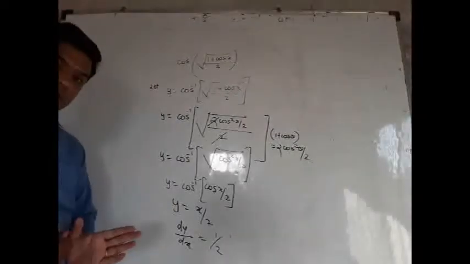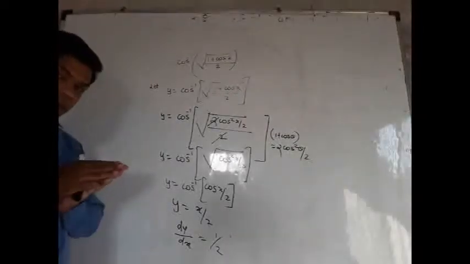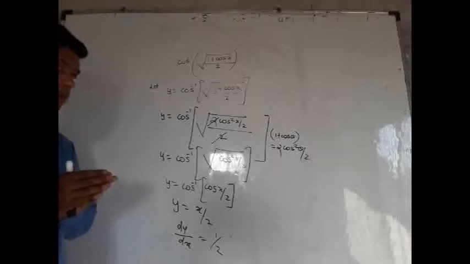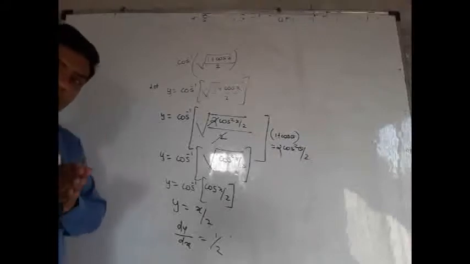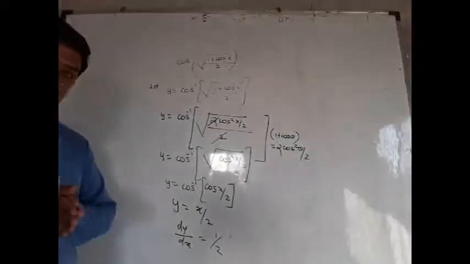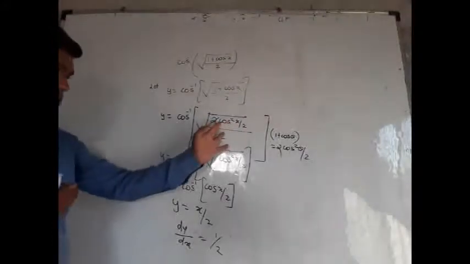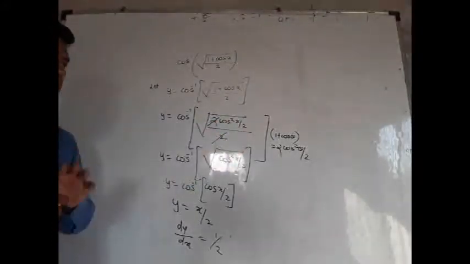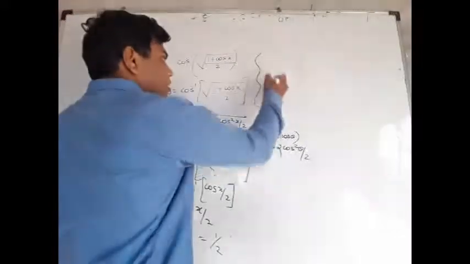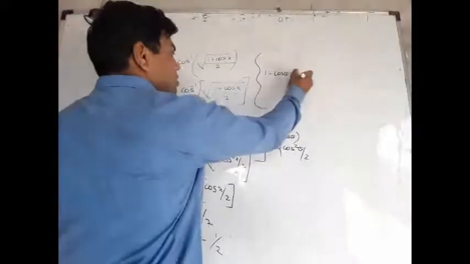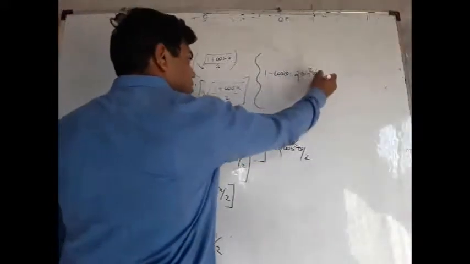This is one of the not fundamental, but how to change the 1 plus cos into another angle. 1 plus cos theta is 2 cos square theta by 2. Here is also one trigonometric formula. 1 minus cos theta is 2 sin square theta by 2.